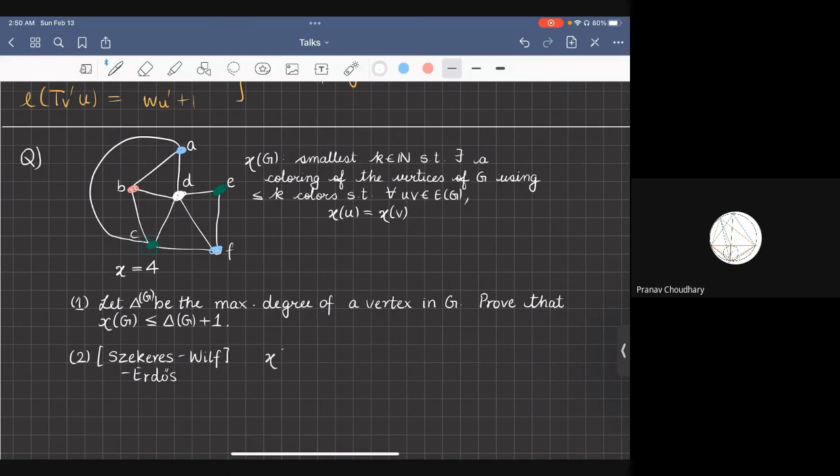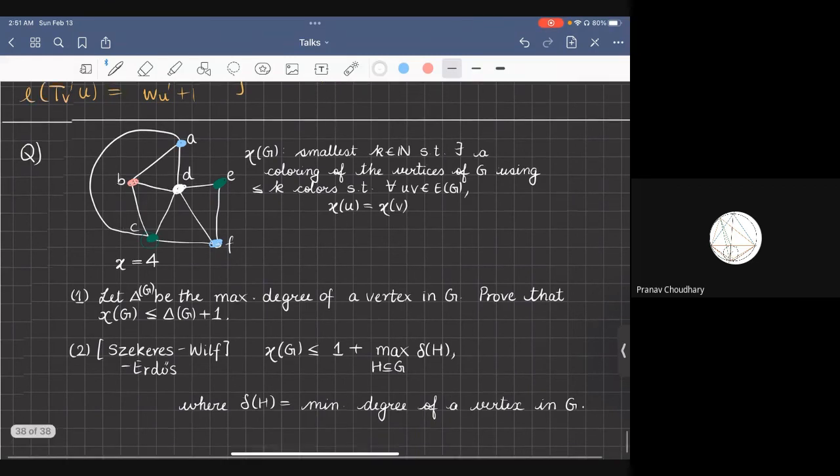We want to show that this is at most 1 plus the max over subgraphs H of G of delta of H, where this is defined as the min degree of a vertex in H. So let me know if there's a part in the second problem that is not clear.